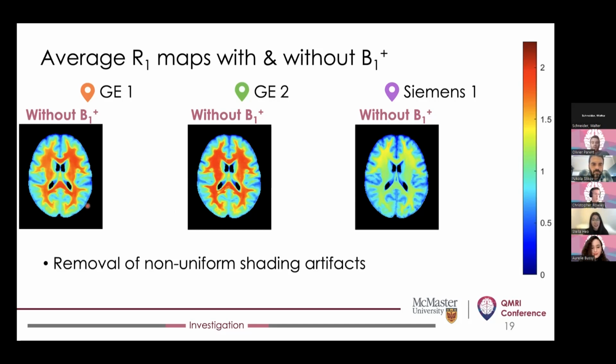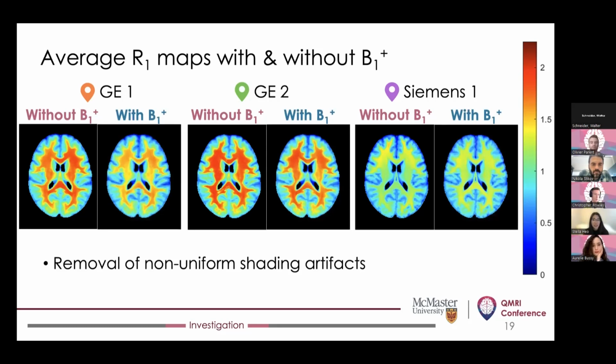And we do see that the GE sites are showing higher R1s than the Siemens site. Now, when we do incorporate the B1 plus map in our equations, the R1s from the GE sites do become more homogeneous and decrease a bit, but we still do see intersite differences in these R1 maps.